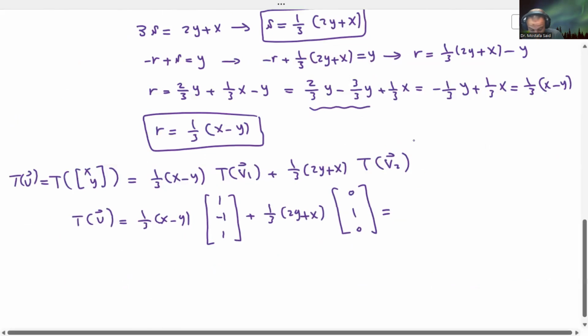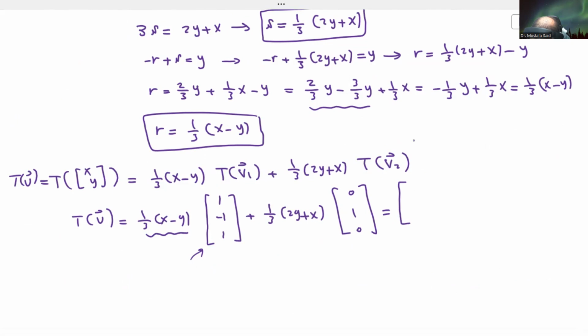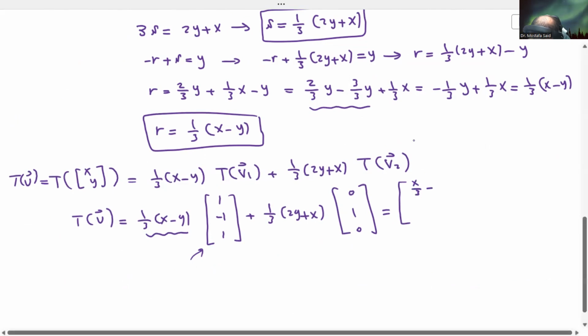So let's multiply 1/3 (x minus y) with the vector here. Let's write x alone and y alone to make it clearer. So x over 3 minus y over 3, which is 1/3 (x minus y). Here, minus x over 3 plus y over 3. Then x over 3 minus y over 3.